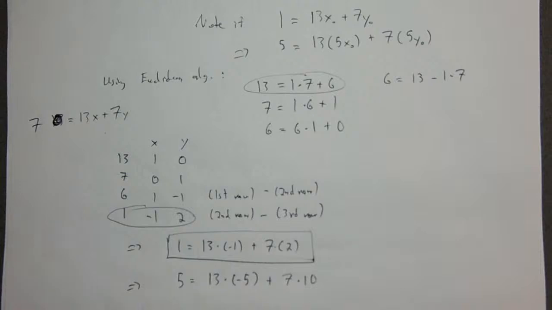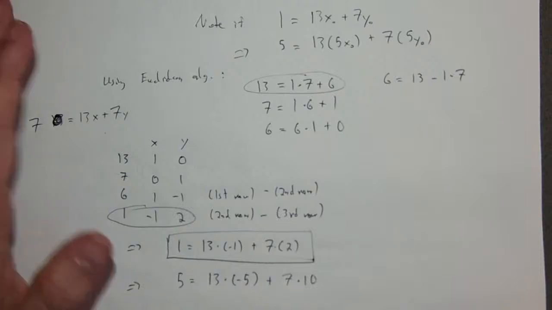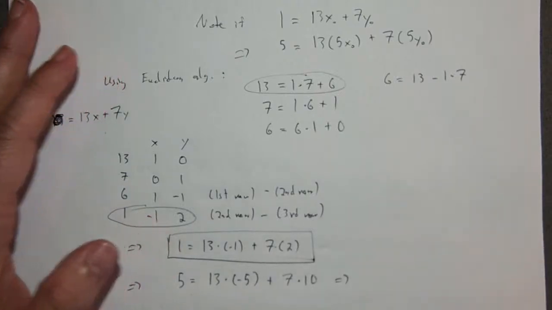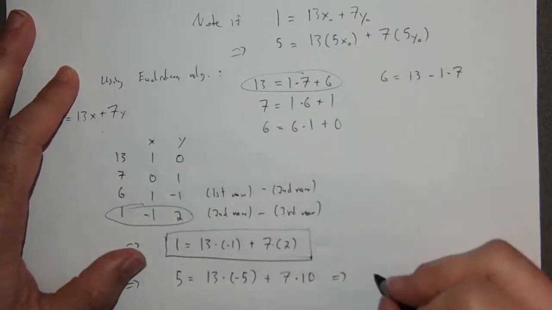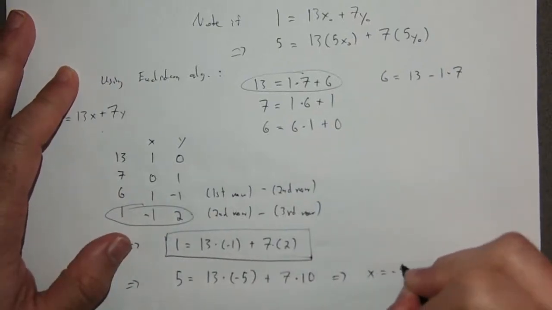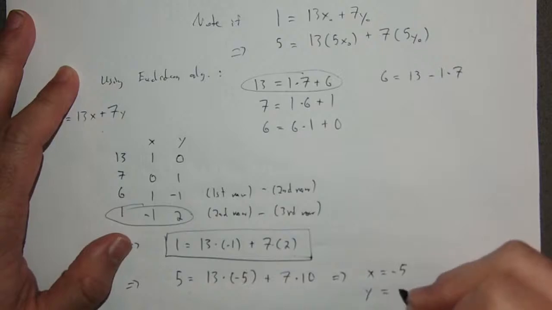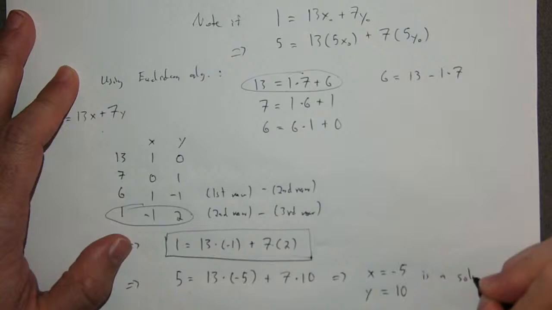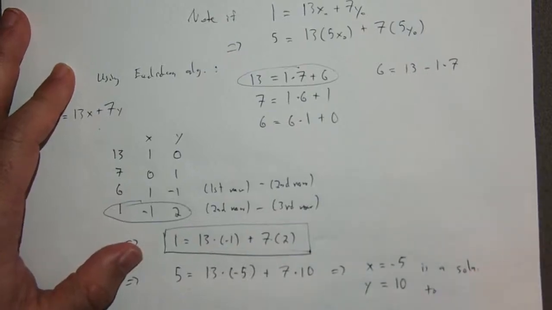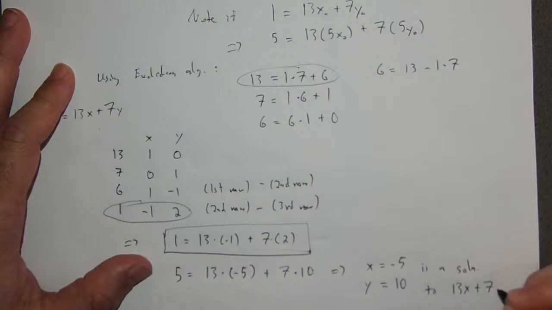So what this means is that x equals minus 5 and y equals 10 is a solution to my equation 13x plus 7y is equal to 5.